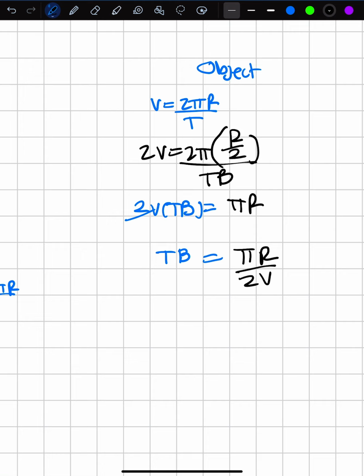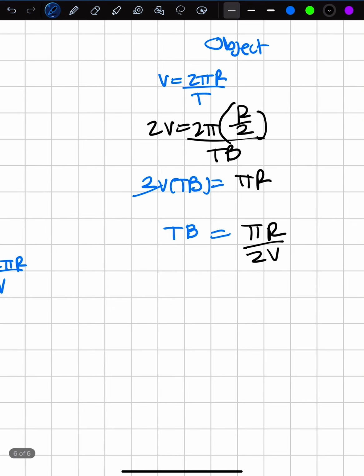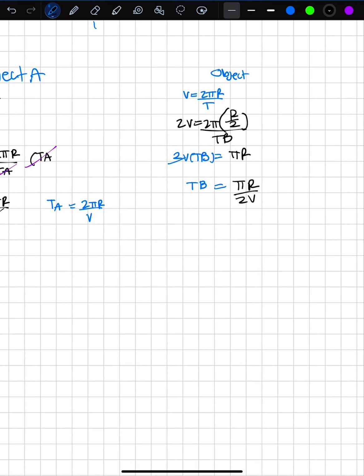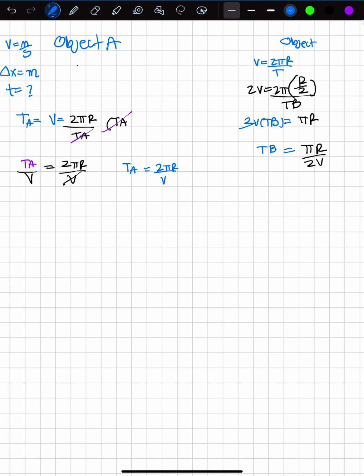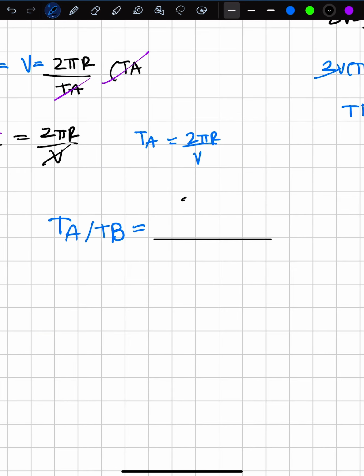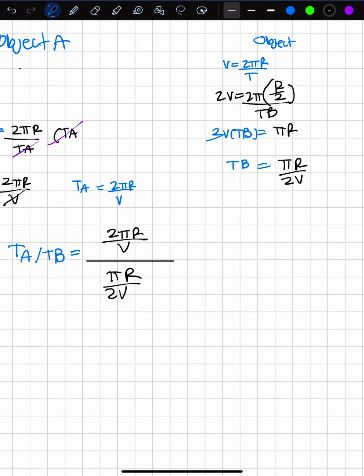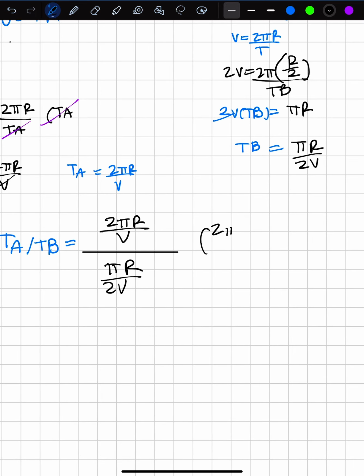And now we just have to put these two together into our ratio. We have the one we found for object A and the one we found for object B. When we're dividing, we multiply, so we flip this one and can cancel out a lot of things.